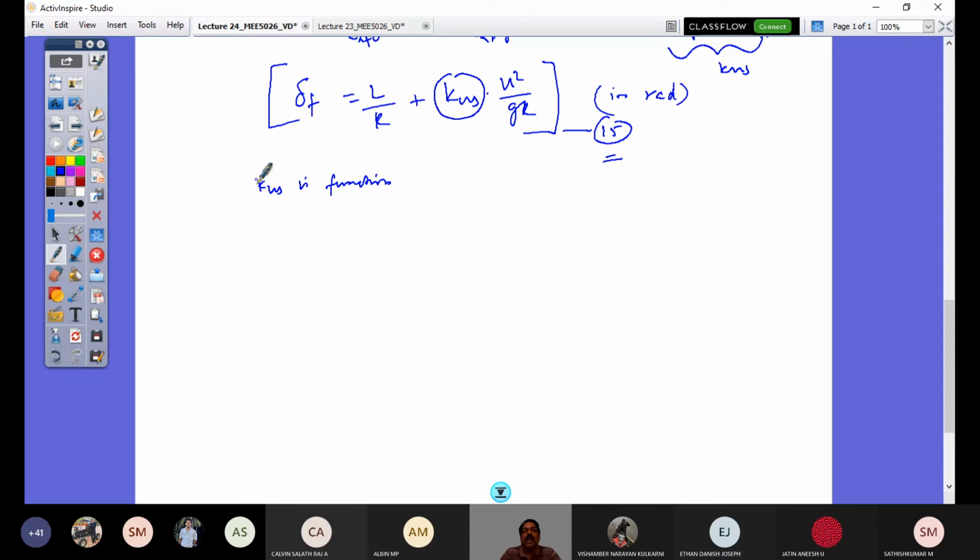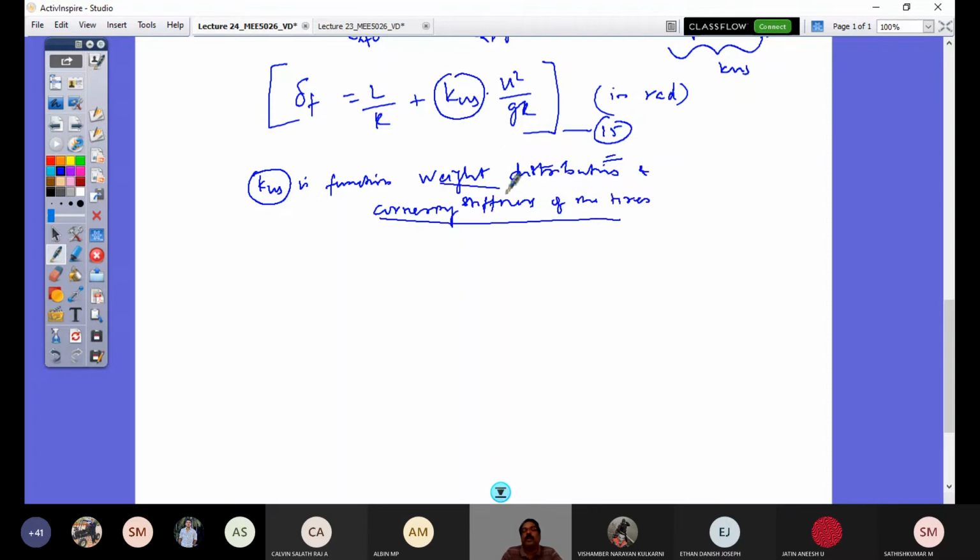So the understeer gradient of the chosen vehicle is a function of weight distribution and cornering stiffness of the tires. Look at this, very important. You should understand this.